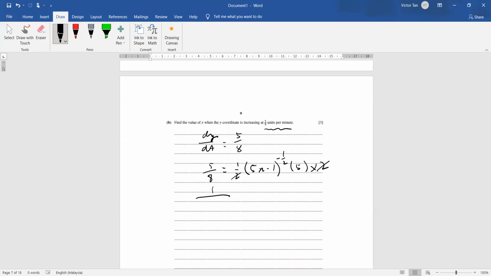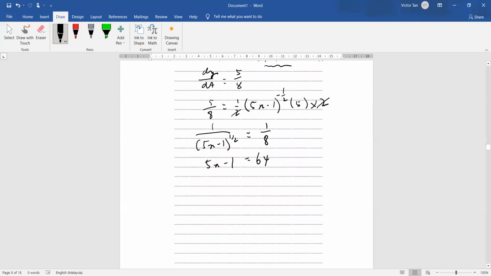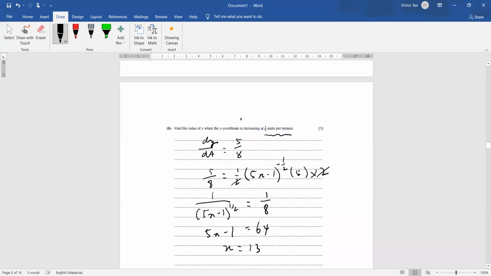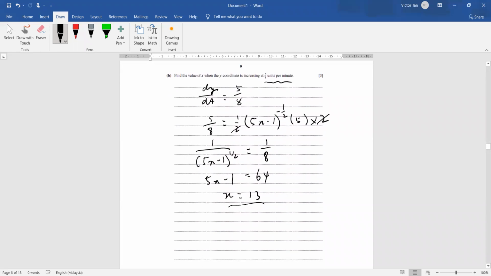So 1 over the square root of 5x minus 1 equals 1 over 8. Squaring both sides, you get 5x minus 1 equals 64. x equals 13. Okay, that's the answer.